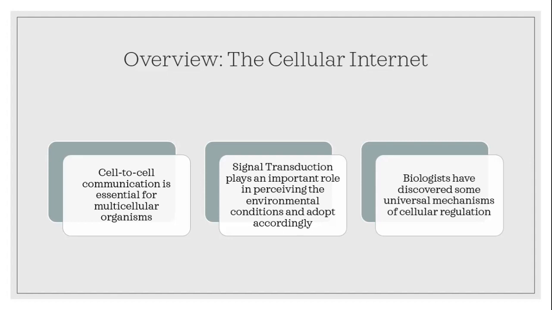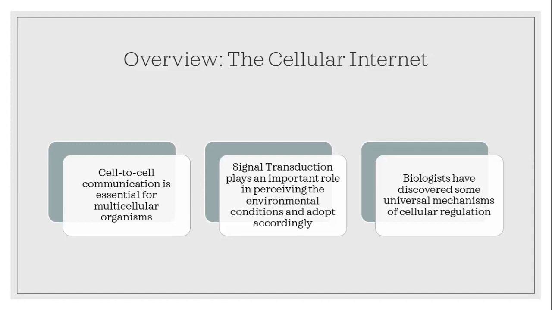Therefore, this is a very important process in multicellular organisms, where many tissues and many organs work together as a single organism. So communication between various structures becomes a very important phenomenon, and therefore signal transduction or cell-to-cell communication is a very important aspect of the cellular internet.